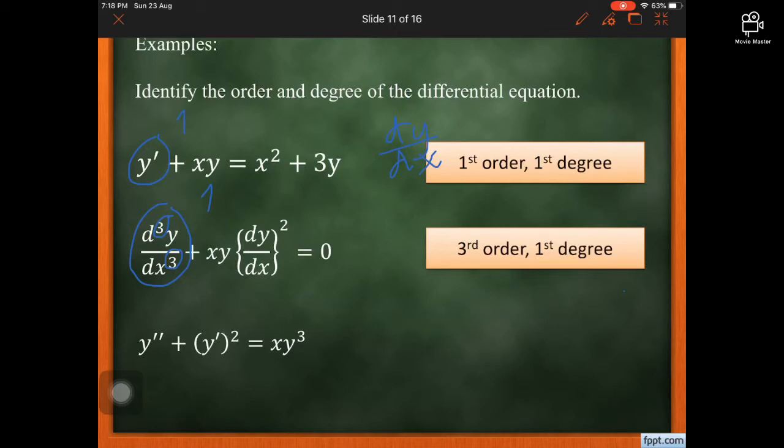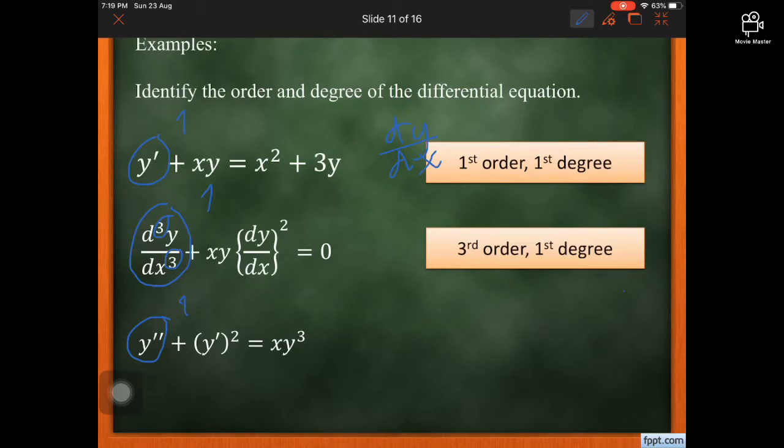While for the last example, the highest derivative is the second derivative, so that is second order. The power of the second derivative is only raised to 1.